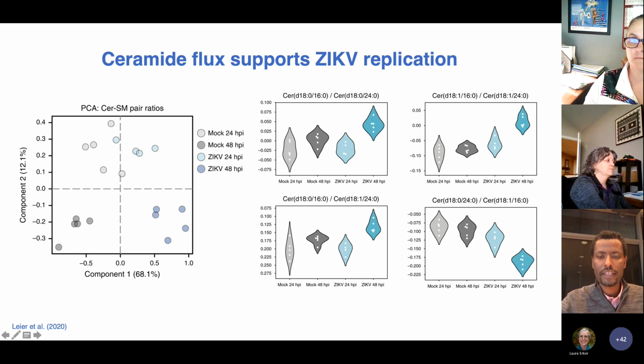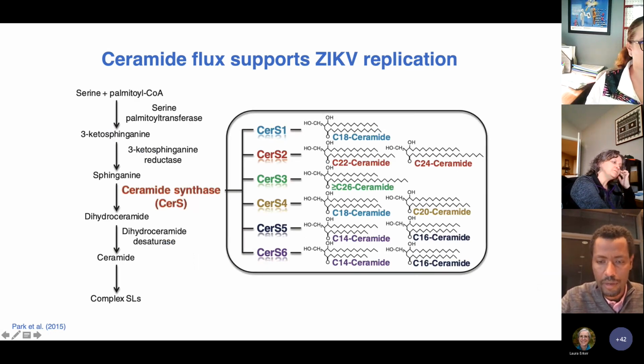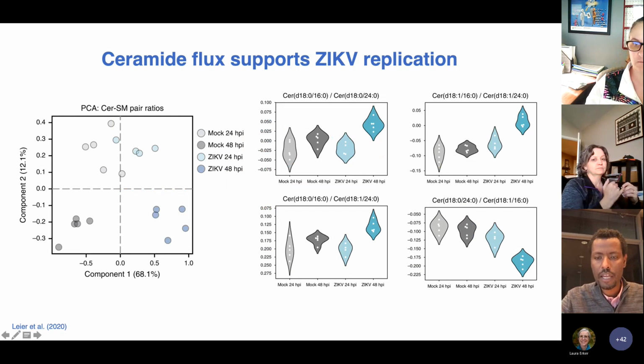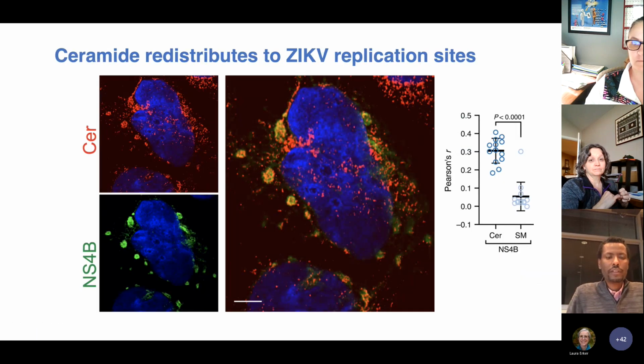What we see is that long chain ceramide, that is catalyzed by mostly ceramide synthase 5 and ceramide synthase 6, is highly enriched in Zika virus infected cells, both at 24-hour and 48-hour points. So obviously, this brings us the question how ceramides are actually important for Zika virus replication.